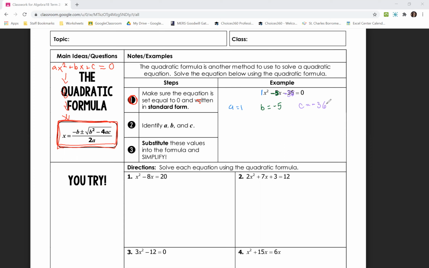Now what's left to do is to plug it into my formula. So my formula looks like this.